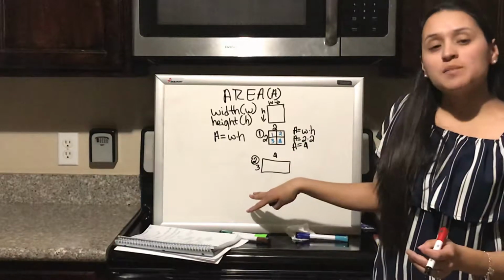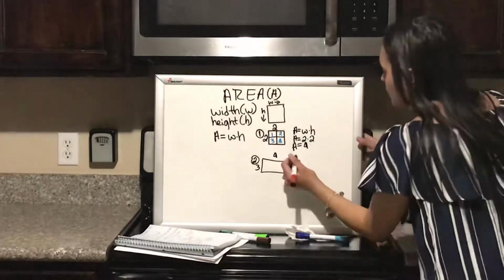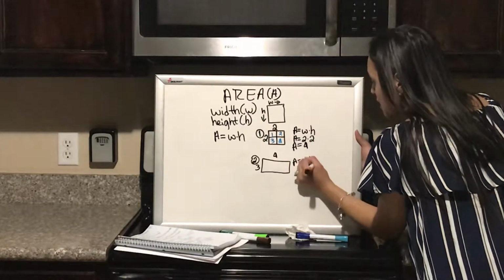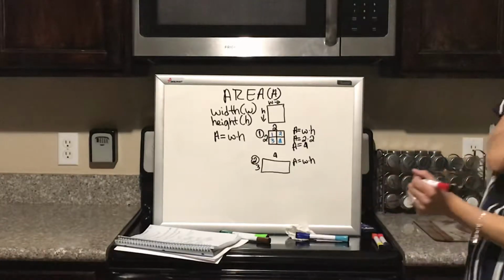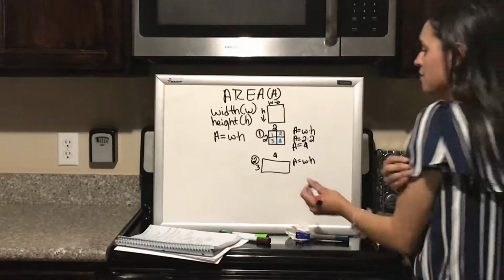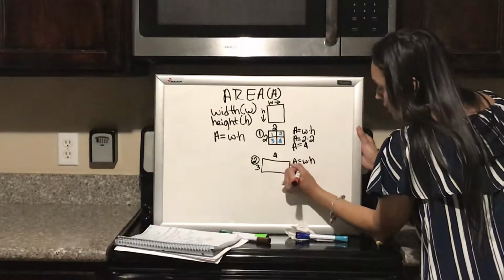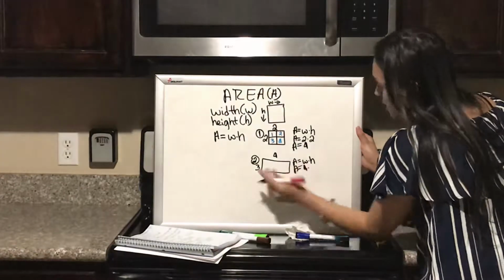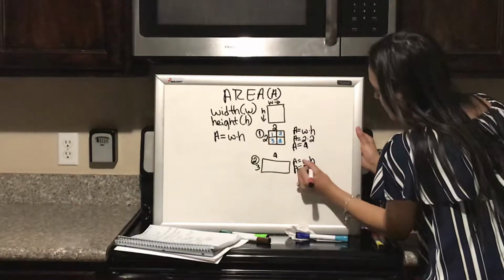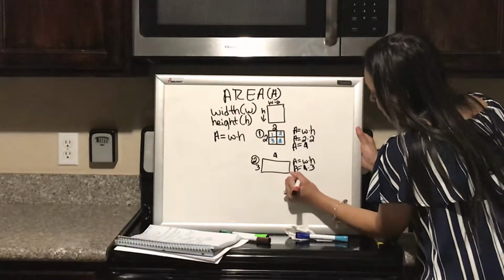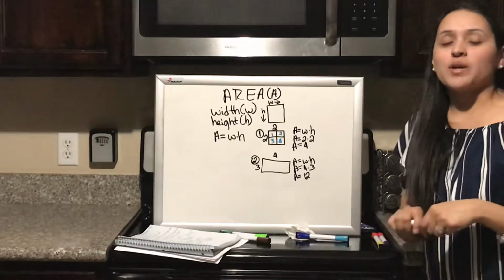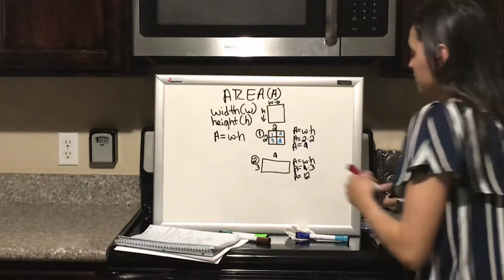Again, we can plug these measurements into our formula of A equals W times H. So A equals 4, the width, times 3, the height. A equals 12. Now let's make our grid so that we can count and check.